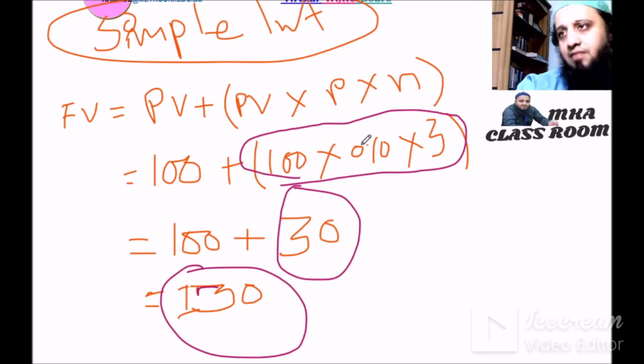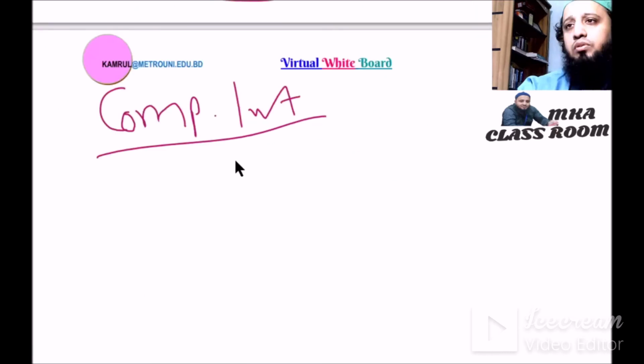Now this example will be clarified by using the compound interest rate. In the previous sections we have learned the formula: future value equals PV into 1 plus R power n.